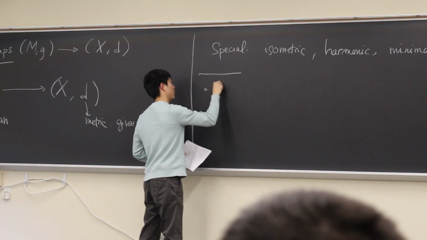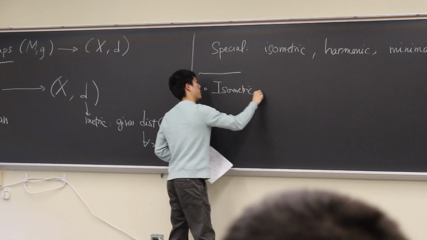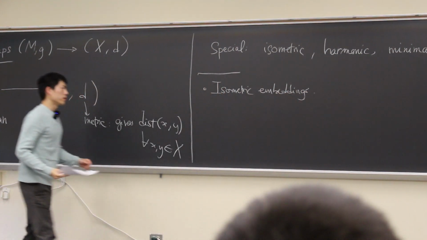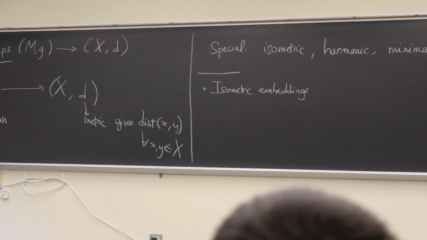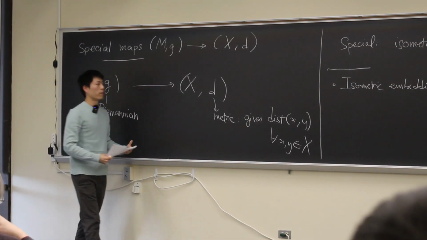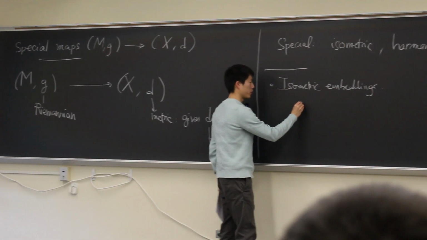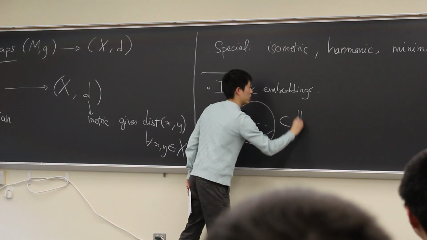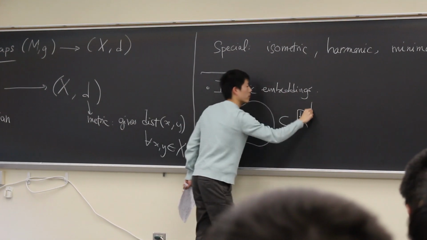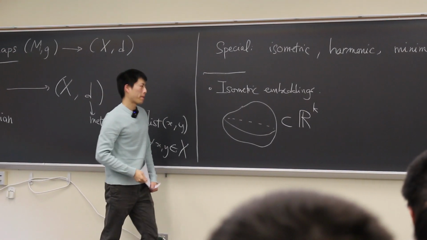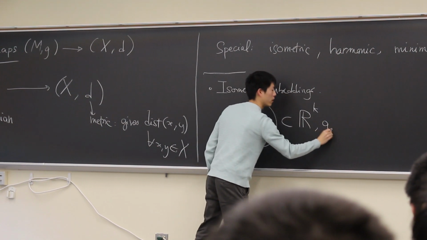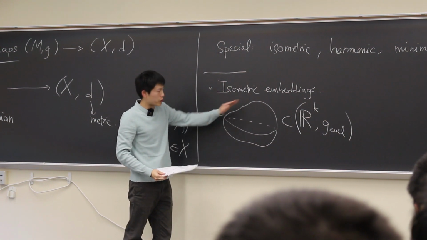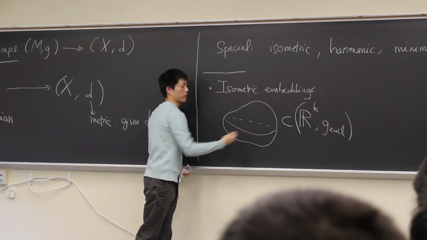Okay, isometric embeddings. So those are basically embeddings that are going to respect the metric structures on both sides. If you start with something that's already embedded in a Euclidean space, then the Euclidean space has a canonical scalar product, so a Riemannian metric, and it induces, just by restriction, a Riemannian metric on this submanifold.